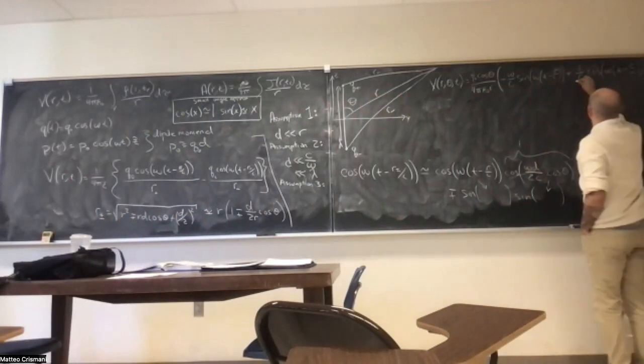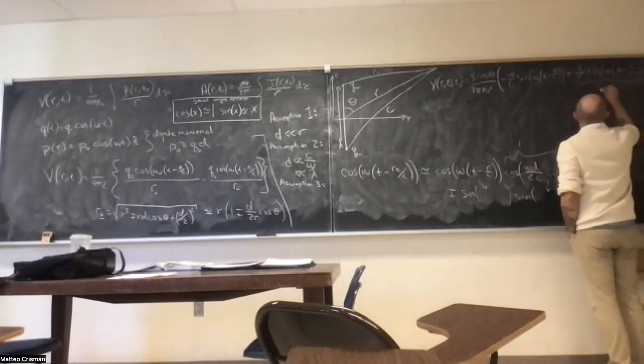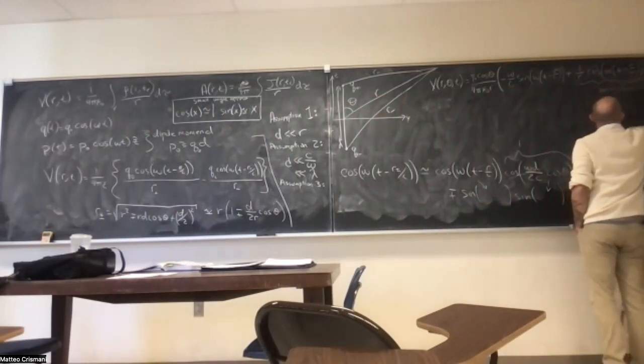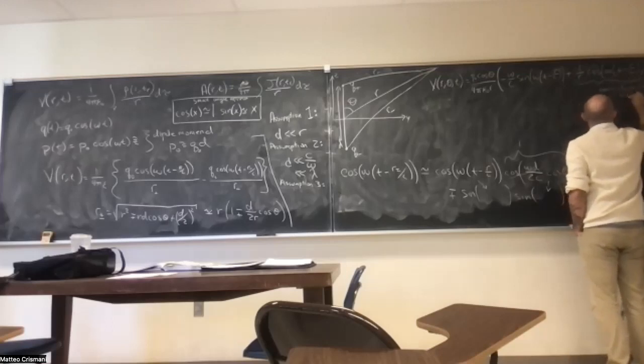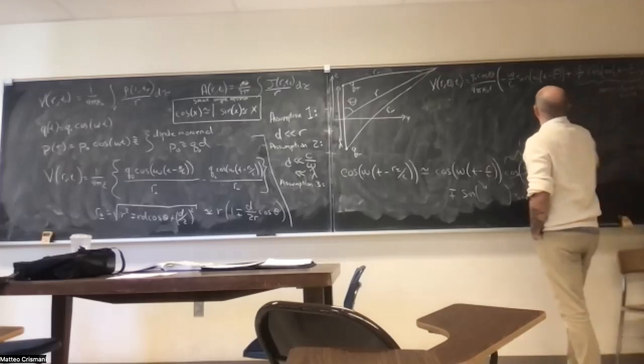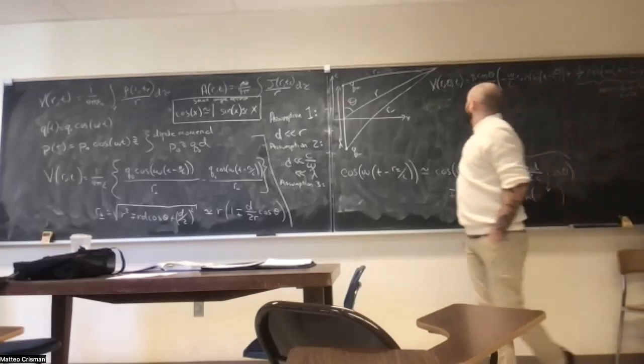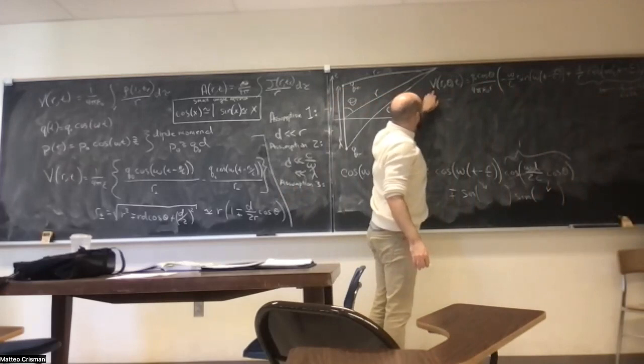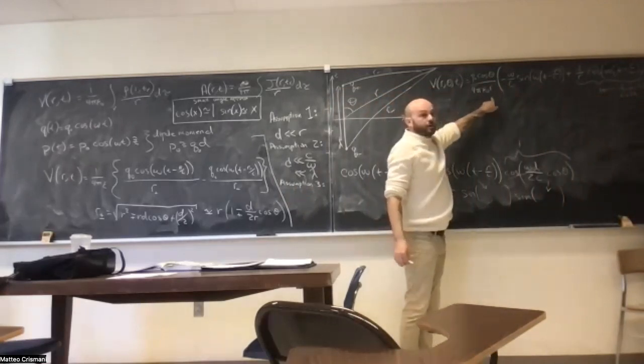This one is the term for the static field. And this is the one that, if you look at it very closely, I got a V over here, and the V is only dependent on 1 over r.